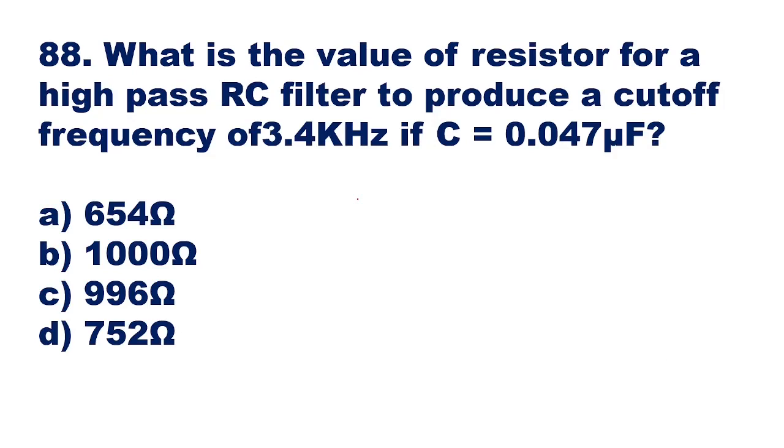What is the value of the resistor for a high pass RC filter to produce a cutoff frequency of 3.4 kilohertz, if C is equal to 0.047 microfarad? Now, to start this example, we should know the formula of cutoff frequency. The cutoff frequency for a high pass filter is given as 1 upon 2 pi RC.